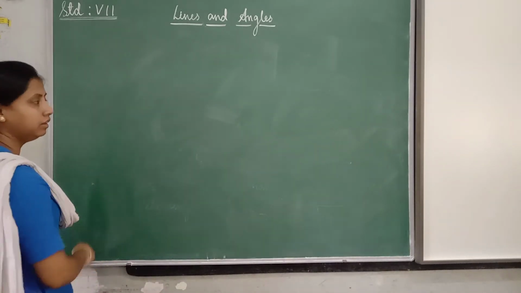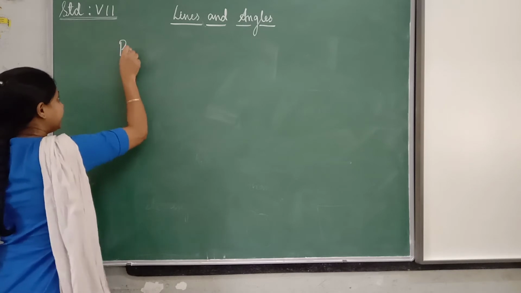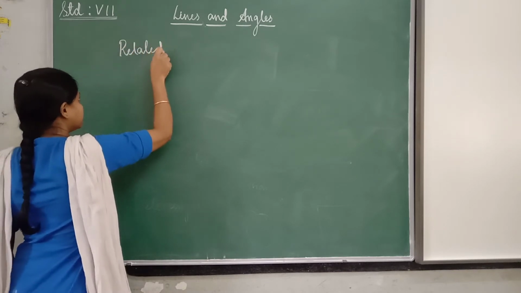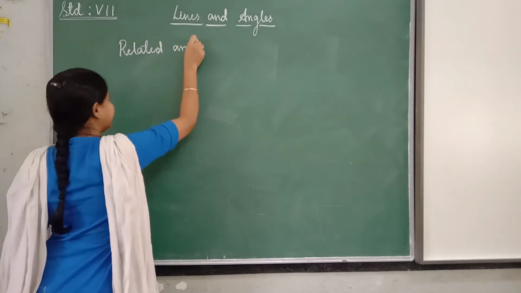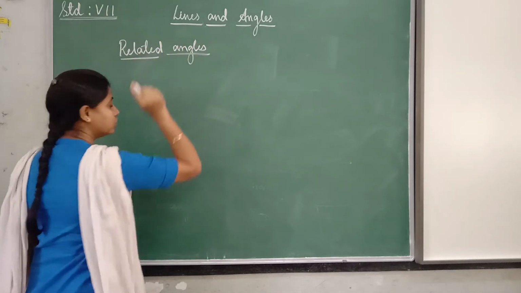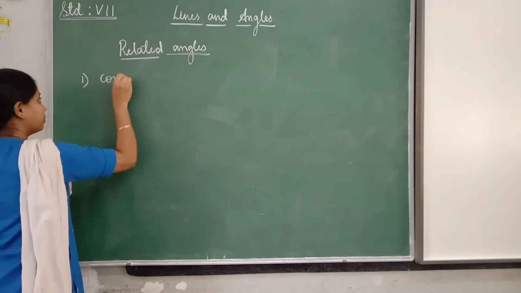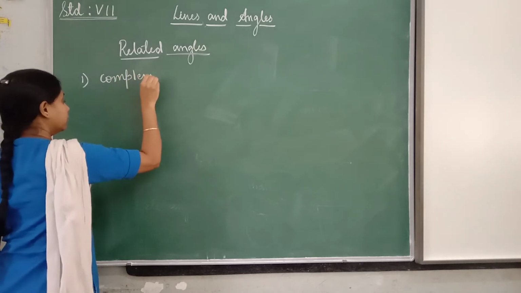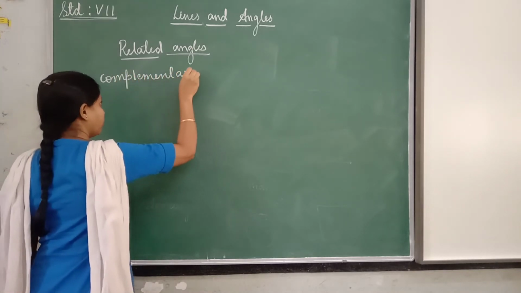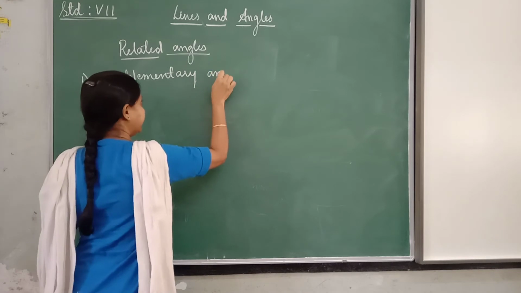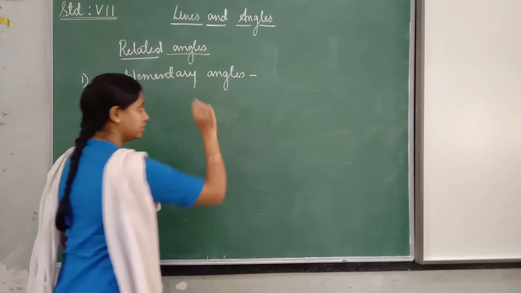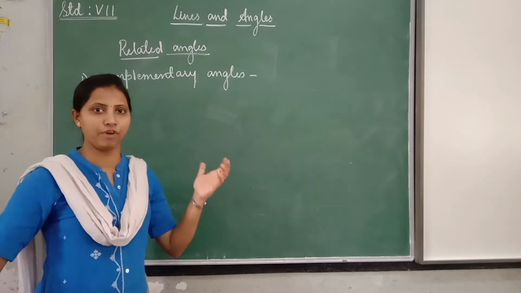Now next children, we will study the related angles. Okay, so which are the different related angles here? So first one in that is complementary angles. Okay, so what do you mean by complementary angles? So these are always pair of angles.